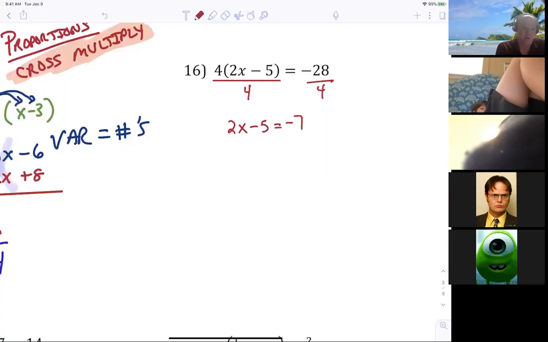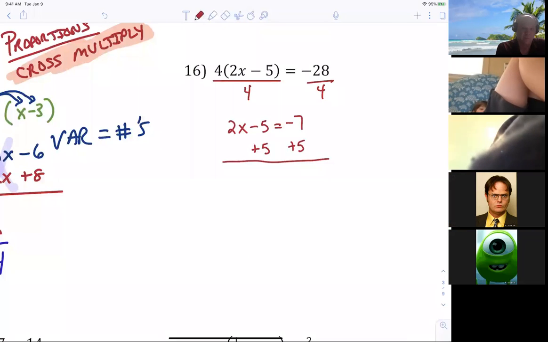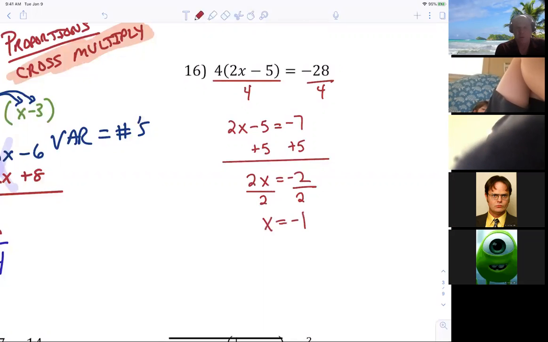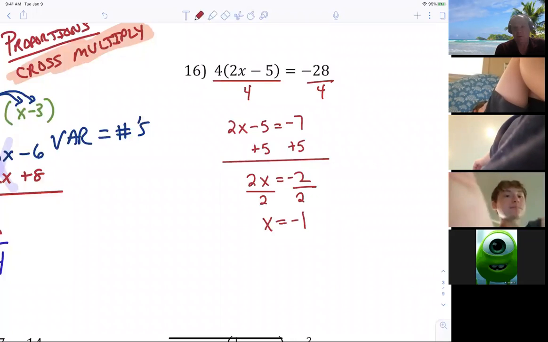Then from there, I would add 5. And then I would have 2x equals negative 2. Divide both sides by 2. And so x equals negative 1. Does anybody have any questions?